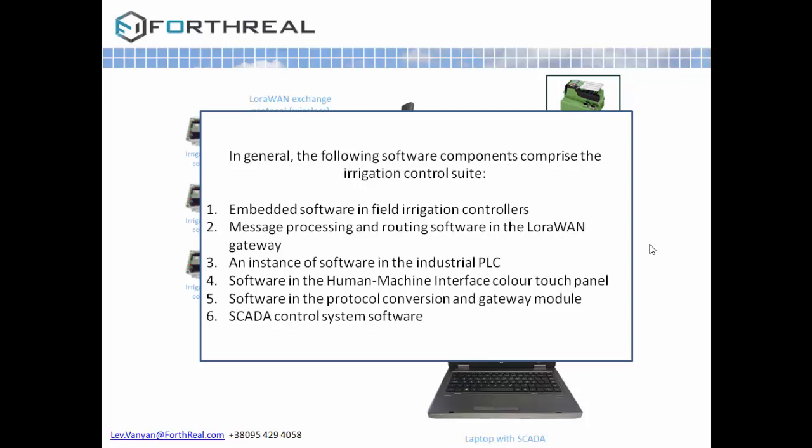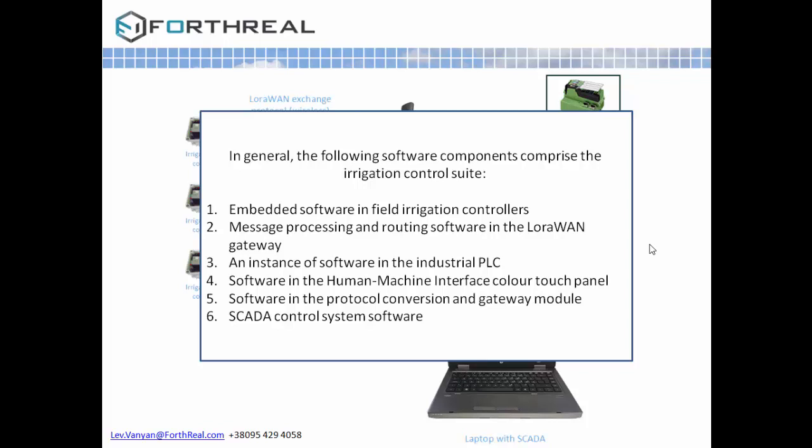The third one is the instance of software in the industrial PLC, the one that knows all the logic pertaining to the management of irrigation pumps, and it knows how to work with the connected sensors. The fourth one is the software in the human-machine interface, which is the color touch panel in the pump station control unit.